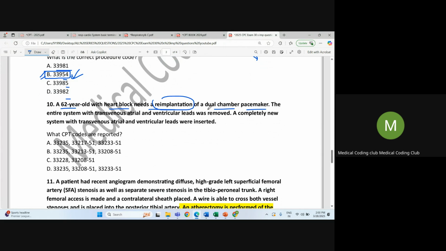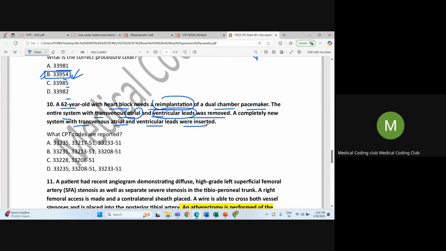For the dual chamber pacemaker, the entire system with the transvenous, atrial and ventricular leads were removed. You can see transvenous, atrial and ventricular leads. That means it's a dual chamber pacemaker. The completely new system of transvenous, atrial and ventricular leads were inserted. So they removed the dual chamber pacemaker and replaced it with a dual chamber pacemaker.